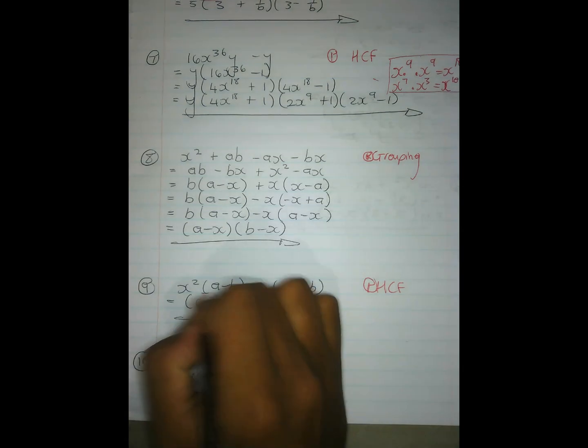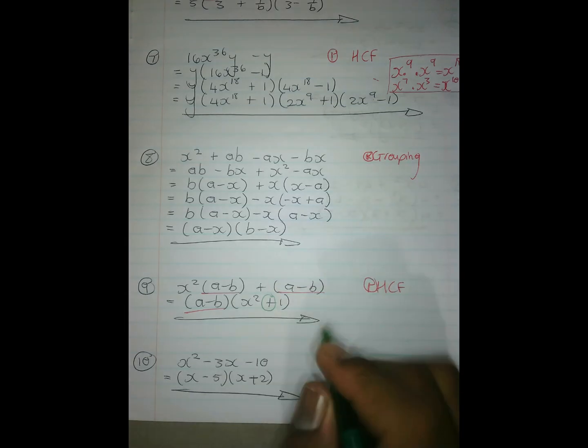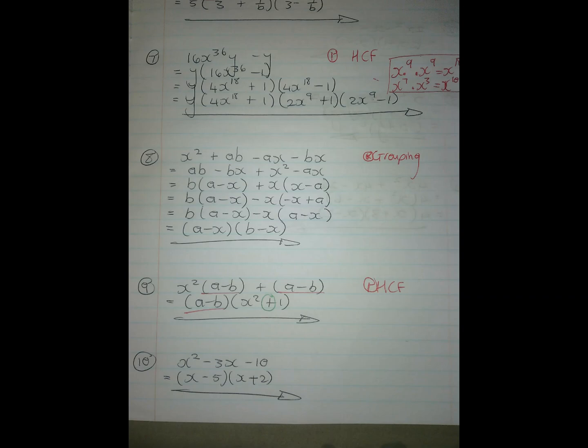And the highest common factor here is A minus B. I write it down and I tell myself what is left over. That's the x squared plus 1. This is not a difference of 2 squares because there is a positive sign there. So you can't do the difference of 2 squares for that one. If it was a minus, you can, but that will be your final answer where it's sitting now.